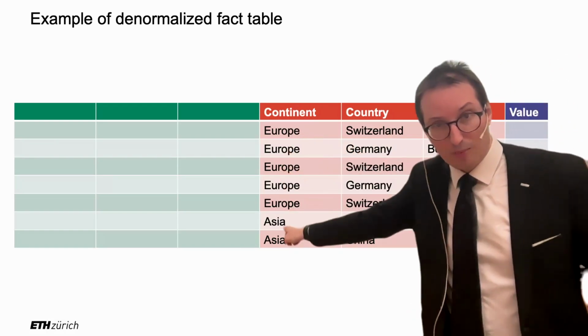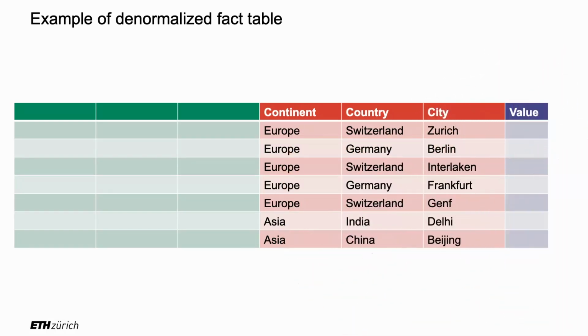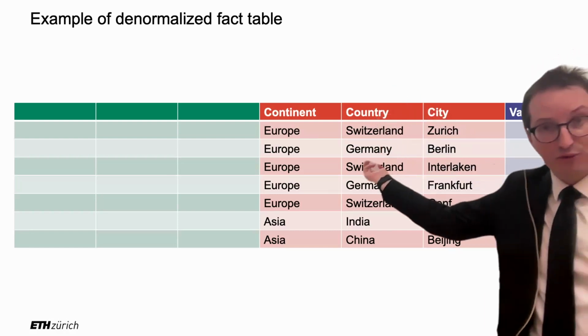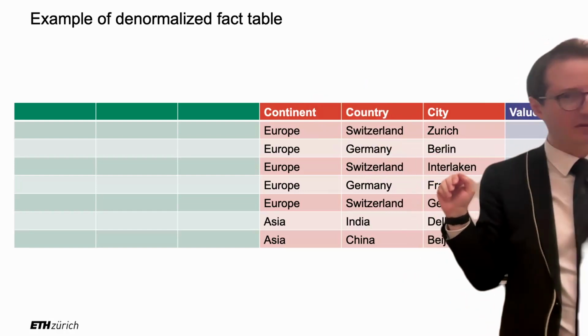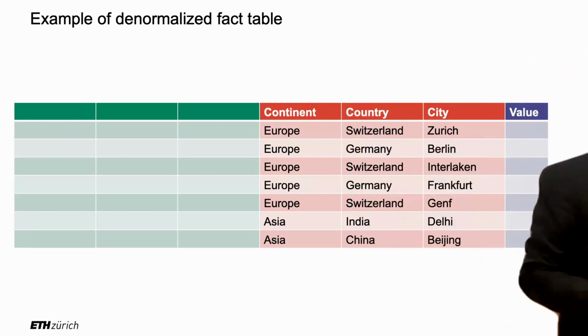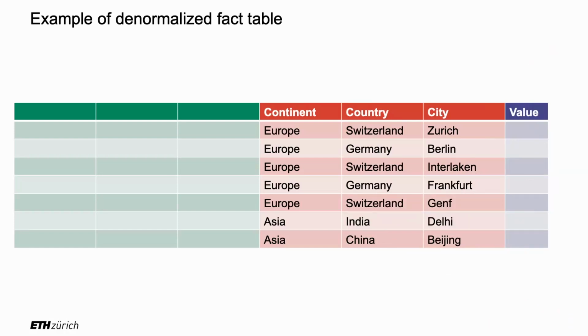Switzerland, Europe, Europe, Europe, Asia. That's how you see it's denormalized. How you also see it's denormalized is you have a functional dependency from the city to the country, and you have a functional dependency from the country to the continent. How do I see it? Switzerland is all in Europe. That's a functional dependency. Who sees that? So this is the reason why, in that case, my fact table is denormalized.